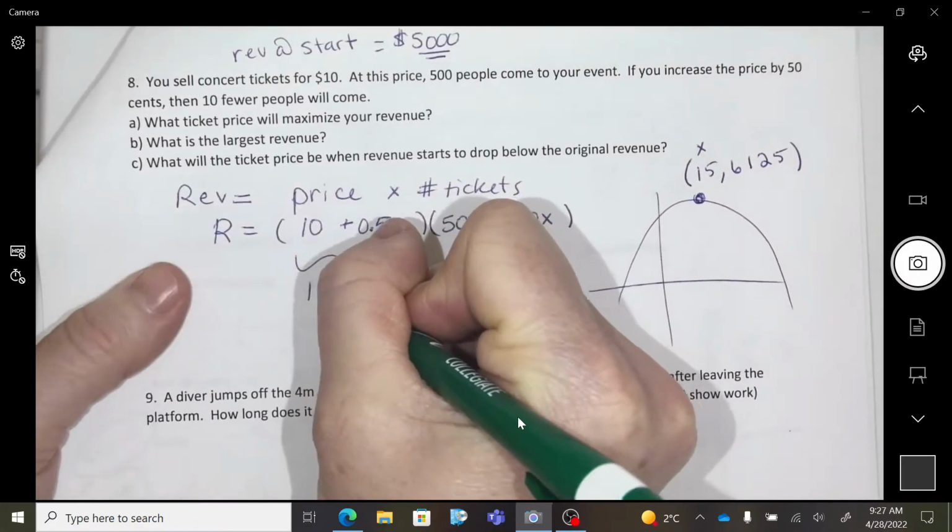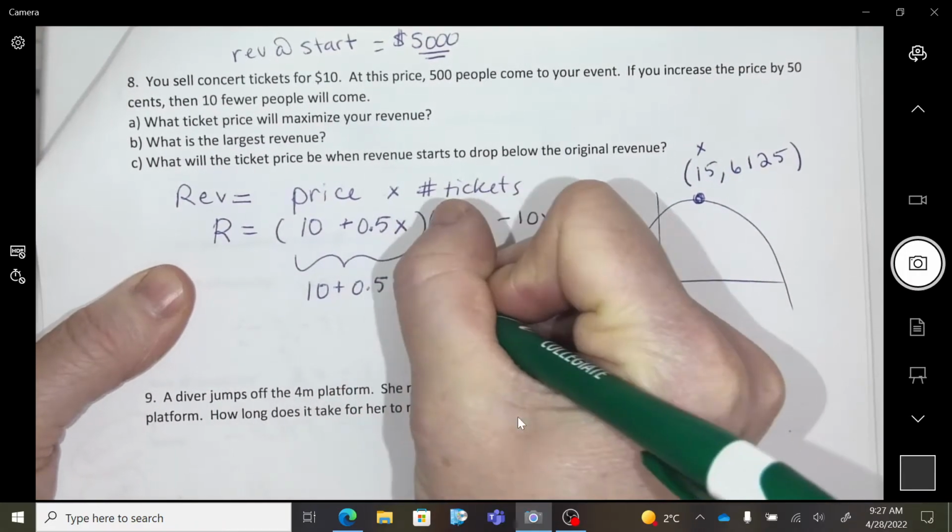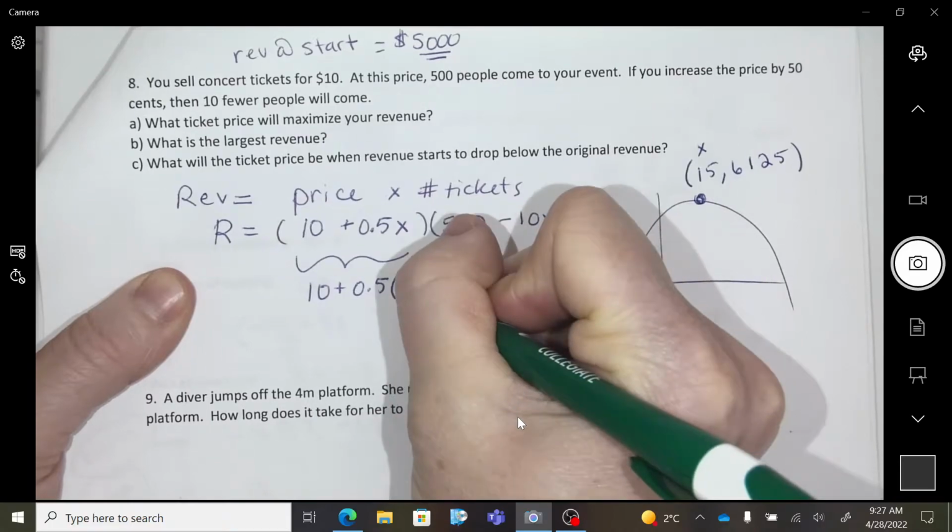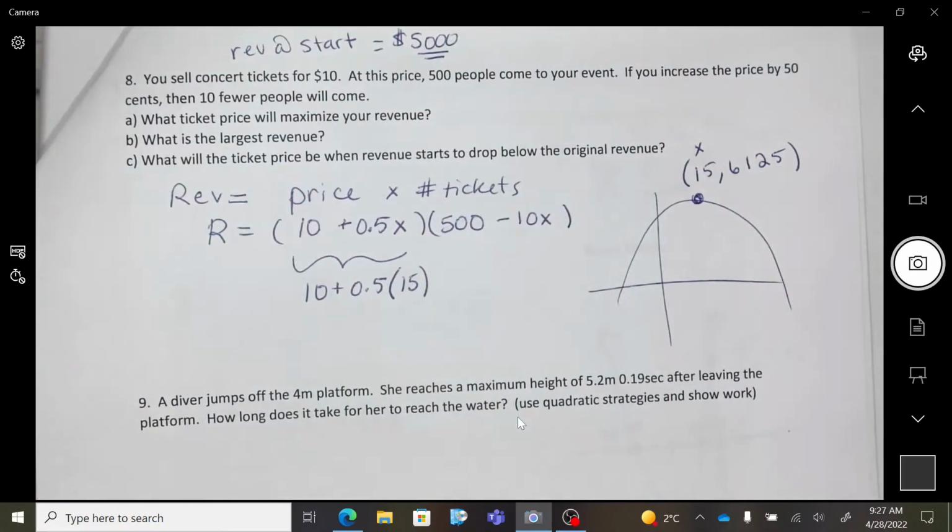So 10 plus 0.5. Now I know that I want x to be 15. So I want to make 15 50-cent increases.